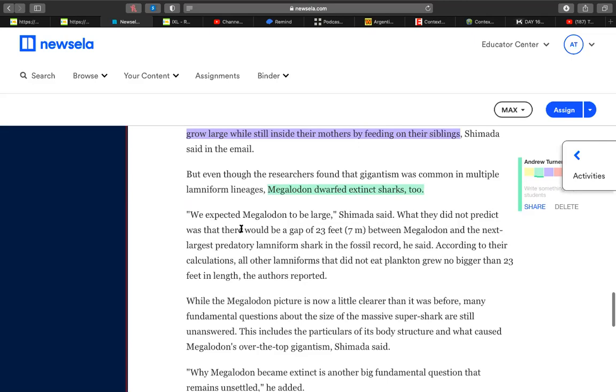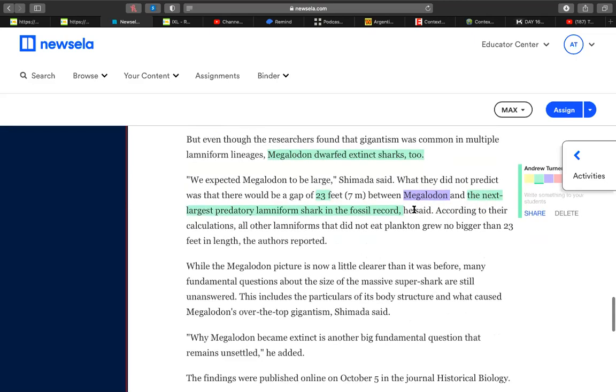What they did not predict was a gap of 23 feet between the Megalodon and the next largest predatory lamniform. So between these extinct sharks, there was a 23-foot gap between Megalodon and, for lack of a better phrase, their brothers and sisters, based on those fossil records.